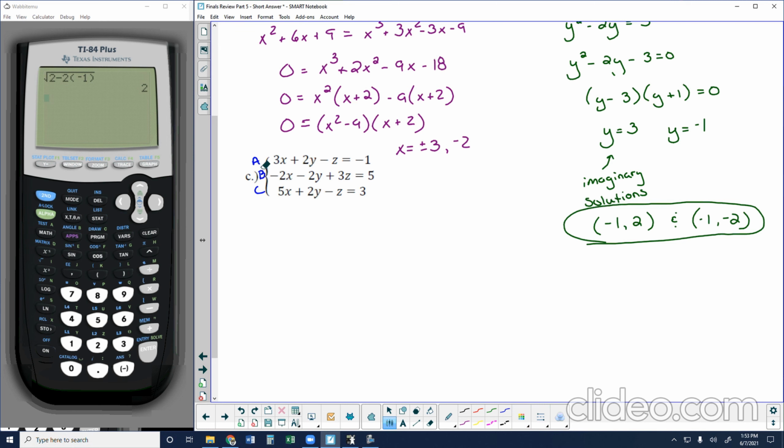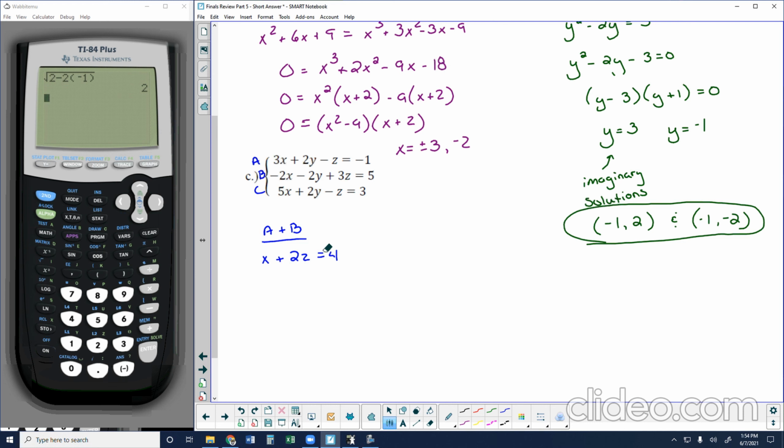So if I take a look at A and B, if I just add A to B, I don't even have to change any signs. I can just add A to B, and my y values will eliminate. So 3x minus 2x would be x, 2y minus 2y would be 0, and a negative z plus 3z would be 2z. And finally, negative 1 plus 5 would be 4.